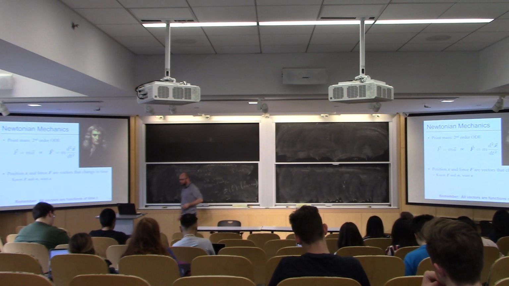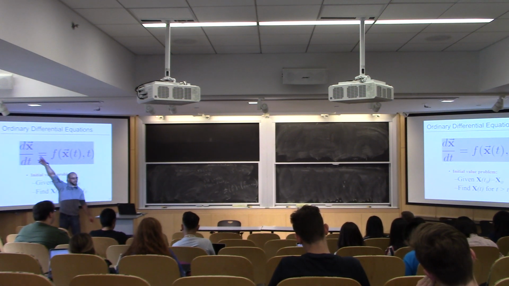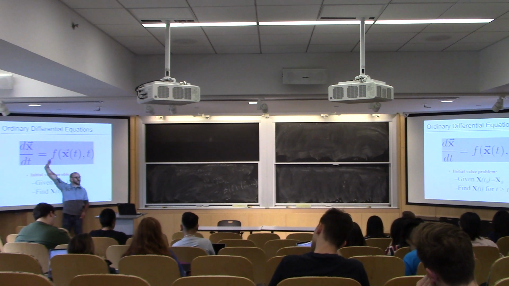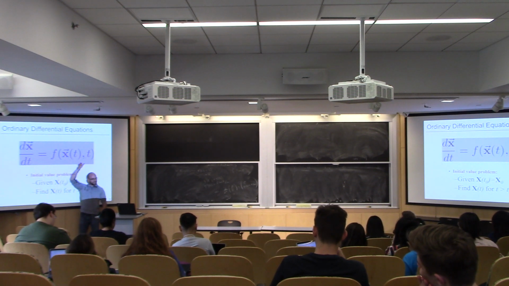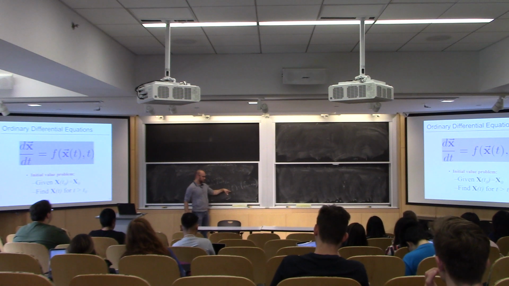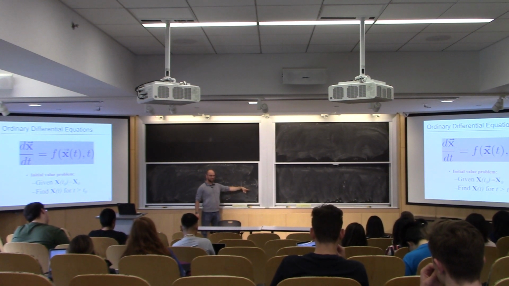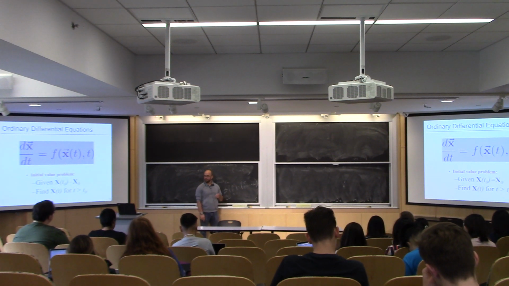Remember our prototypical first order ODE says that d over dt of all of your variables, the letter x here is irrelevant, that's just the letter we're using for the thing that we don't know, is a function of the stuff we don't know in time. Take a look at this equation. These are my unknowns. d over dt of those is a function of those things in time, right? So I took my second order ODE and I reduced it to a first order ODE. Does that make sense?